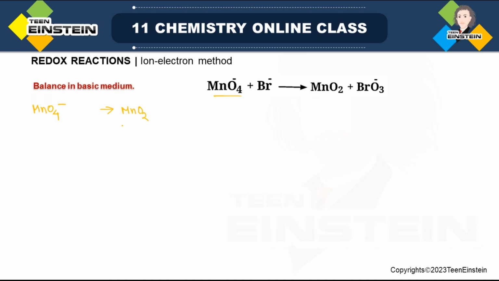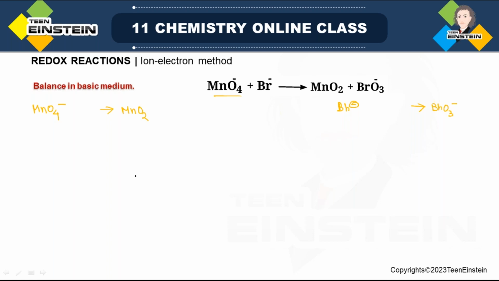So MnO2, this is one reaction where reduction is occurring. Another equation is Br- converted to BrO3-. Even if you do not write oxidation numbers, it is for your convenience, so that you can understand which species is oxidized and which one is reduced. So these are the two half reactions.